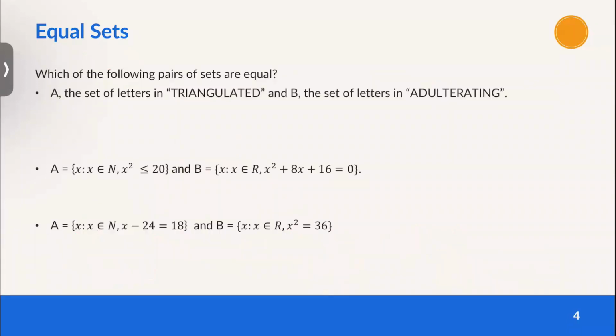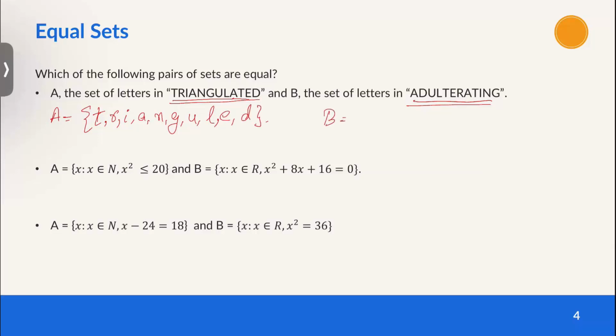So here are some problems of equal sets. We have A as the set of letters in this word and B as the set of letters in this word. So we have to check if all the elements of A are in B and all the elements of B are in A. So we can write A as T, R, I, A, N, G, U, L, A already written, T already written, E and D. Okay.